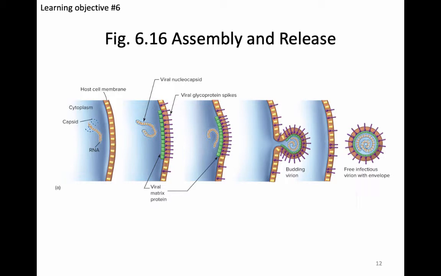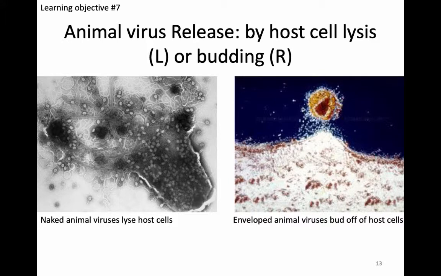Once all the viral pieces have been collected together into a virus, the virus will then exit the host cell in the release step. Shown in this figure is release by budding, but release can occur by budding, which is shown on the right in this slide, or by lysis, which is shown on the left.